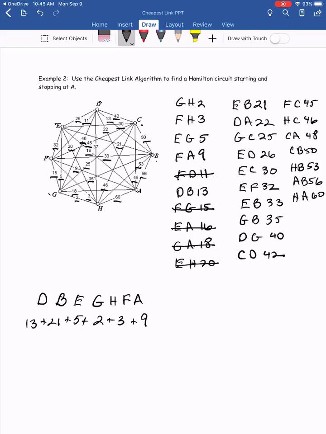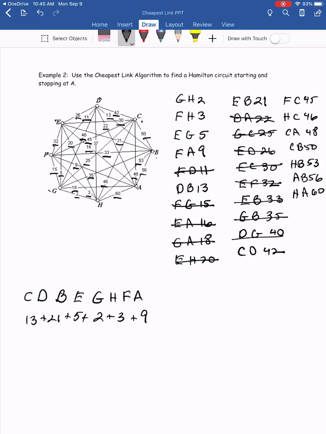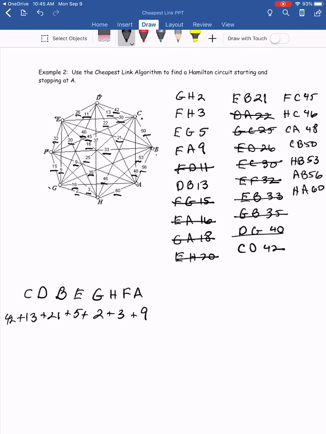So I used EB. DA won't work because I'm not ready to finish. GC I can't because I've used G up. ED, EC, EF, EB, GB, DG, CD. There we go. We can put the C on here. That's 42. And then, of course, I'll need to finish with the C as well.